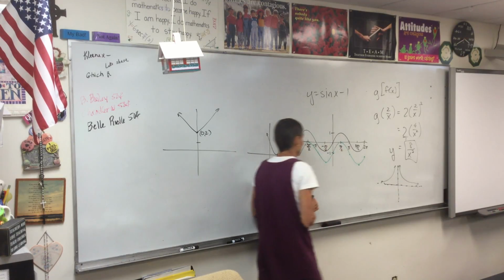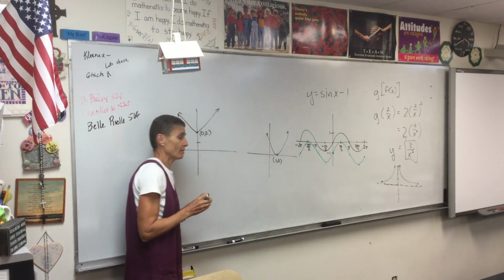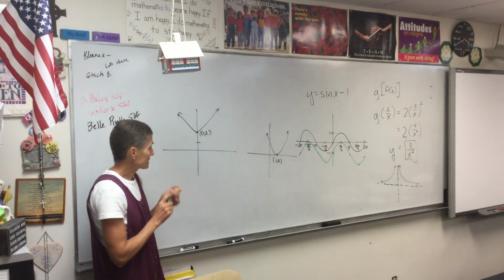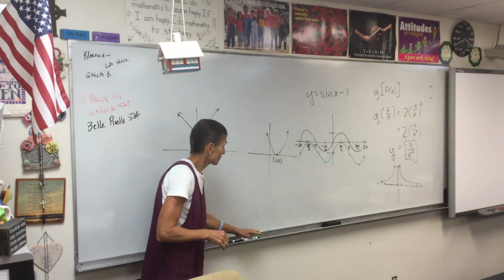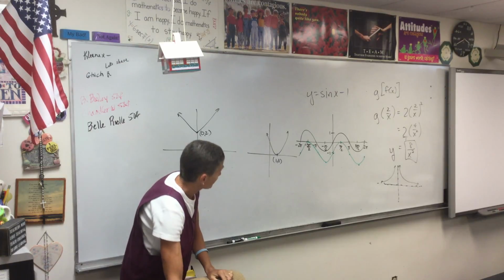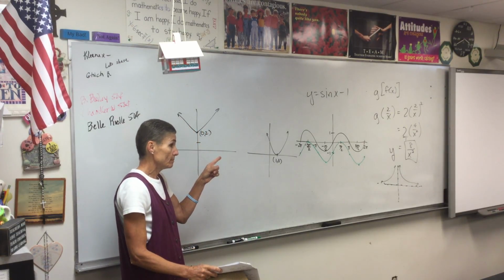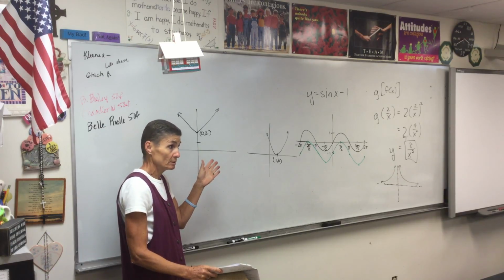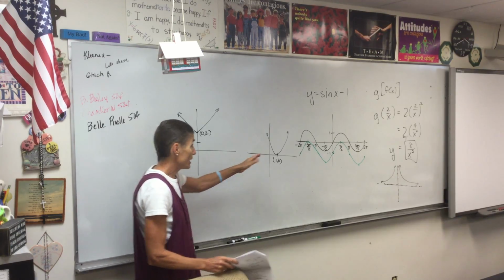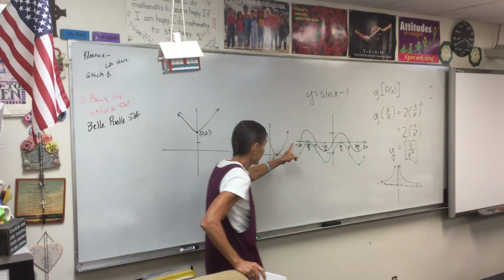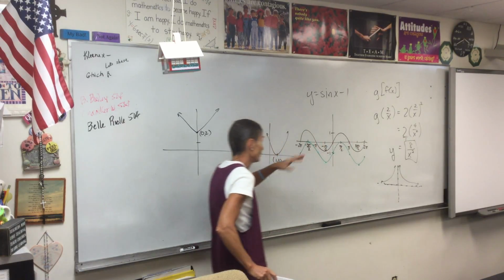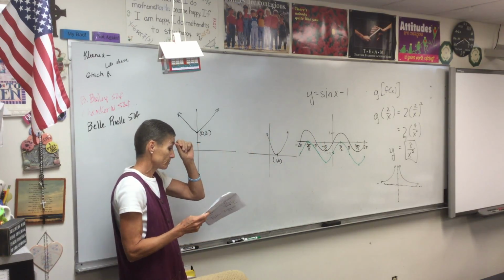So the green thing is the answer. Now you are welcome to bring a colored pencil and go ahead and do it this way, or if you just want to erase the original, that's fine too, whatever works for you best.